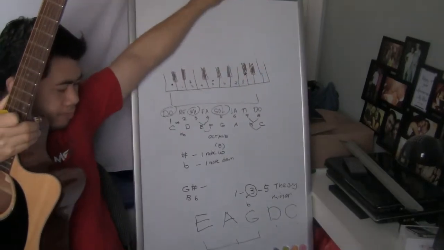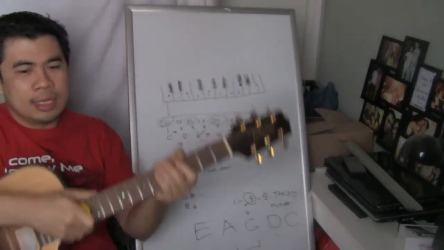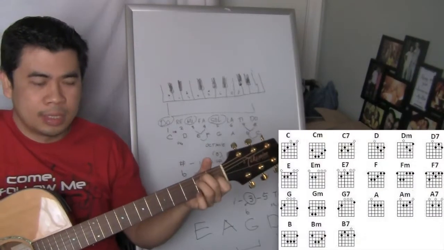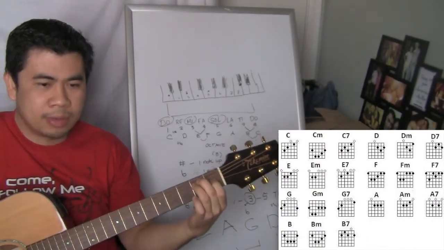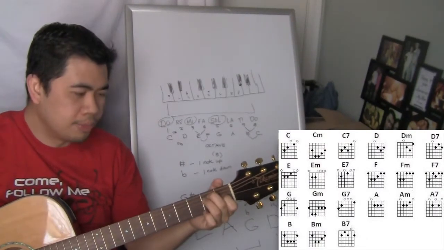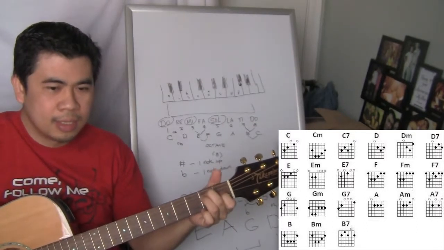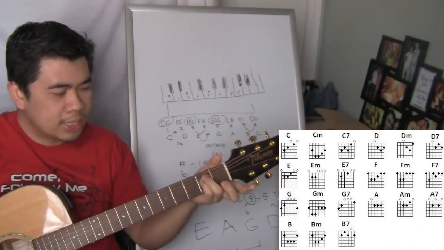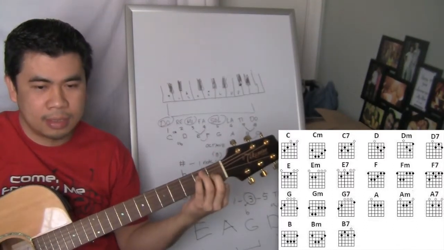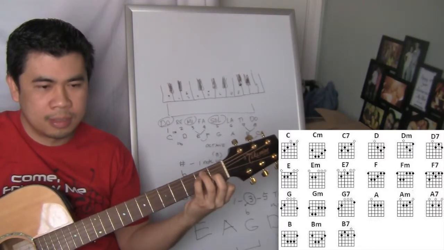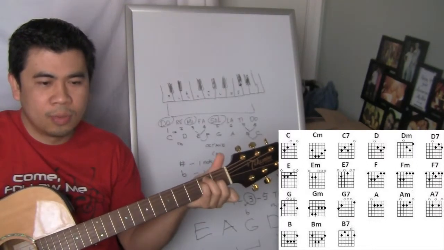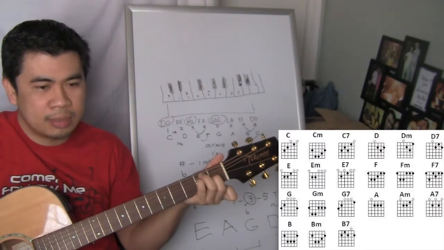How? E, this is how we used to hold the E, right? But in technicality, the proper way of holding E is like this. Why? Because it's a derivative from a clip chord.